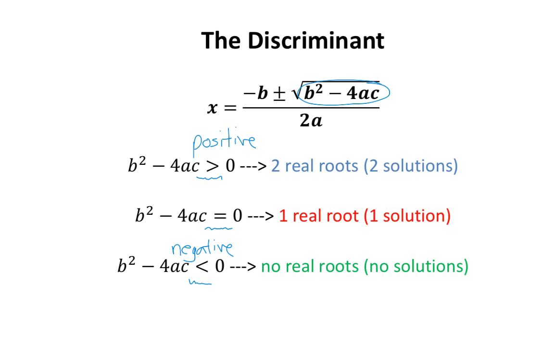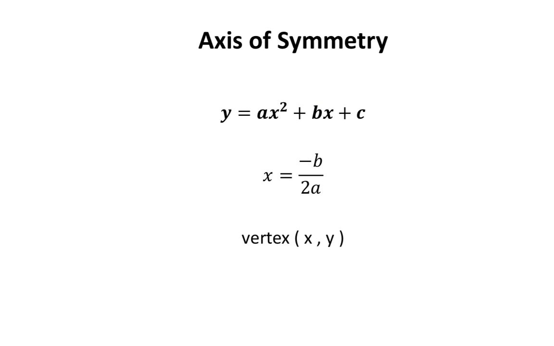which means you would have no real roots or no solutions. If you have a quadratic relation in standard form, you can figure out the axis of symmetry just by looking at the values of a and b. So the coefficient of b would go into here, and the coefficient of a would go down here.